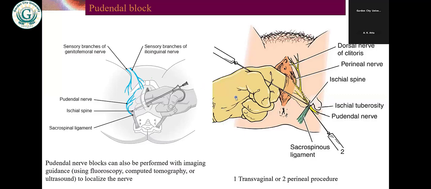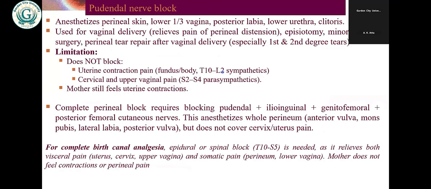When you do a pudendal nerve block, you see the pudendal nerve is from the S2, S3, S4 segments of the spinal cord, so you are actually blocking those nerves.